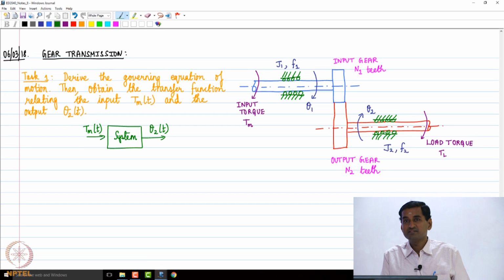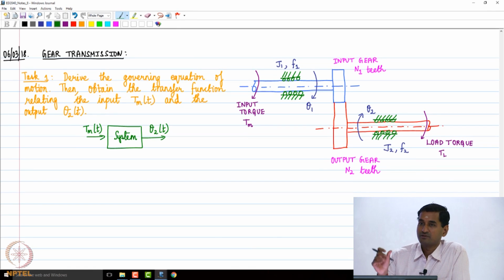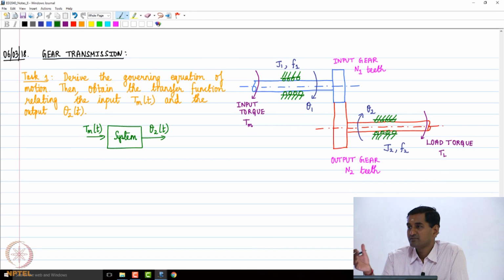So that is the visualization. Of course this is because ultimately we are going to look at position control. So that is the objective that we are going to look at here. Let's say I want to control the angular displacement of the output shaft, how do I do that?